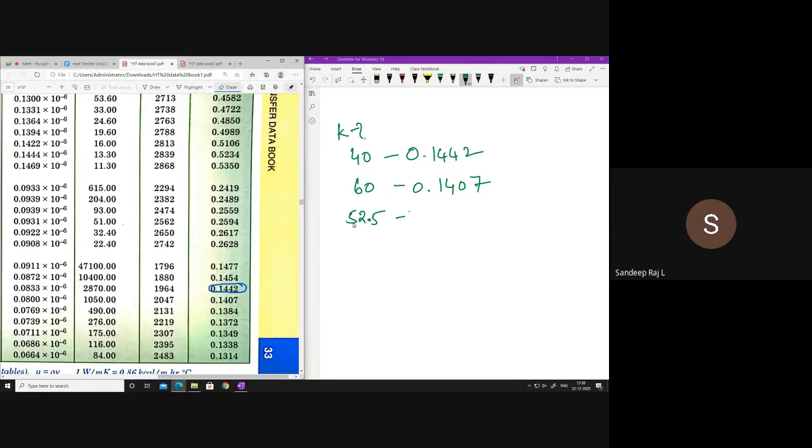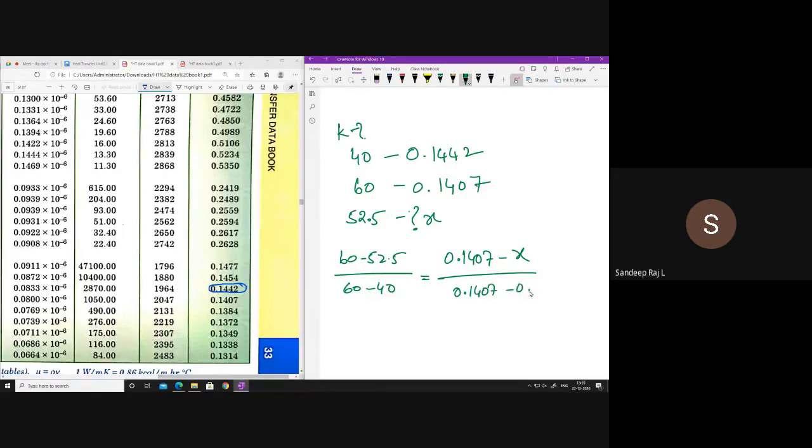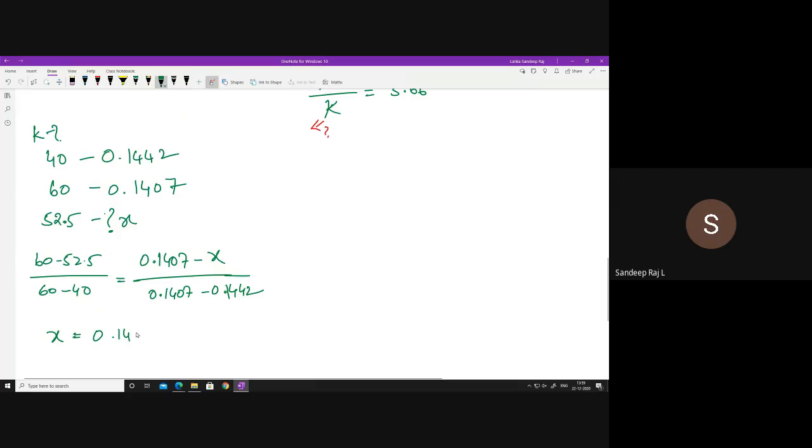So quickly complete the interpolation and tell me what is the x value. (60 minus 52.5) by (60 minus 40) is equal to (0.1407 minus x) by (0.1407 minus 0.1442). The x value is 0.1420125, and the unit is watt per meter Kelvin.